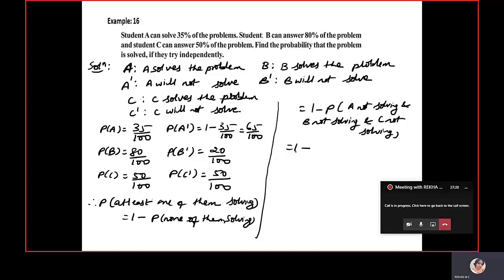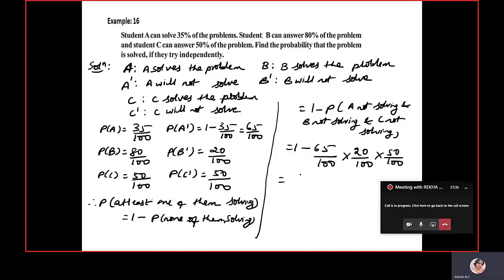So that is equal to 1 minus 65 by 100 into 20 by 100 into 50 by 100.